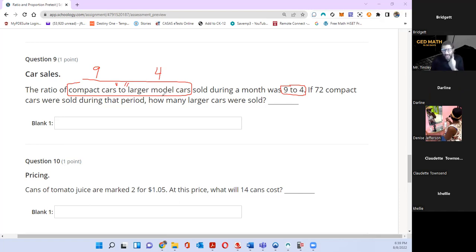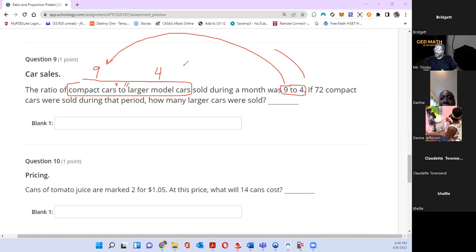Exactly. So that's what's so important. This is the #1 step, identifying the ratio that they give you already. So here, this word "to" tells you how to set it up. So compact to larger model cars. So when they give you that number, the first number corresponds to compact, the second number corresponds to model.